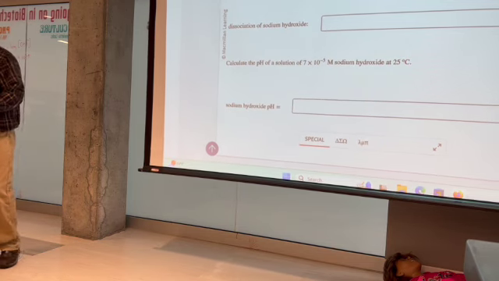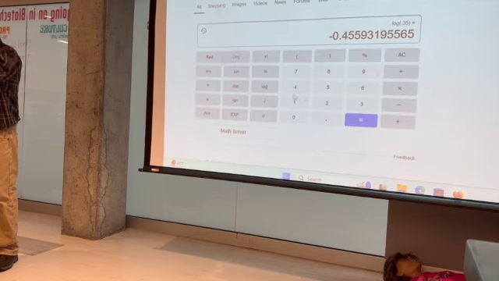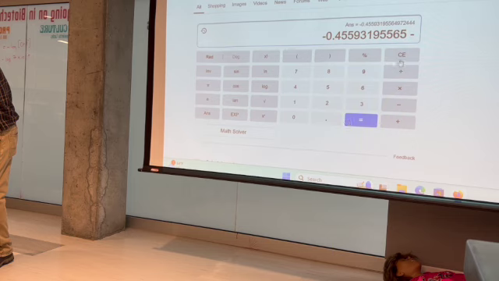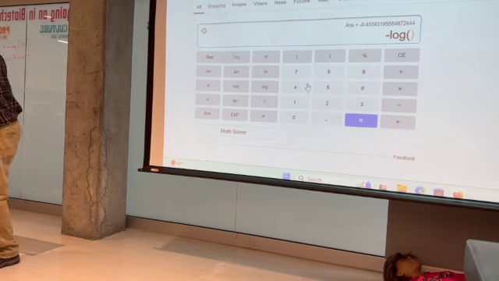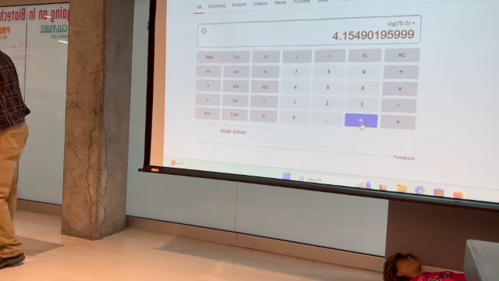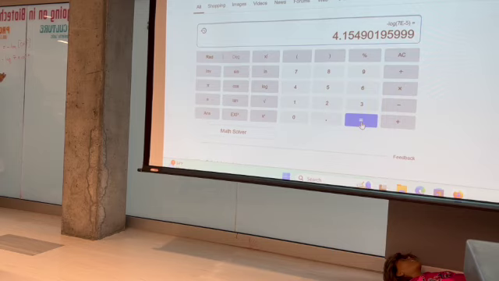And you're not going to be finished then. So negative, I don't even know if I know how to use this calculator. So negative log of 7 exponent negative 5. I get 4.1, 4.2 as a pOH.